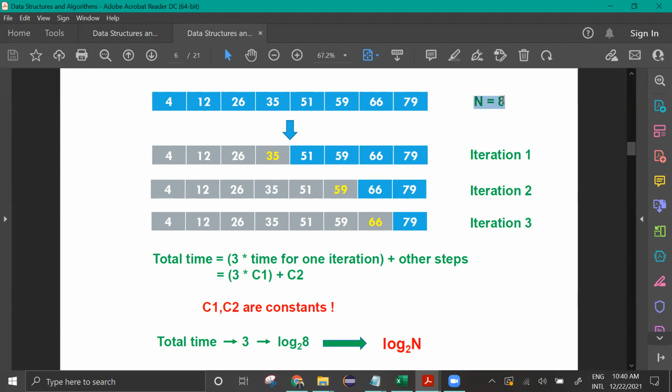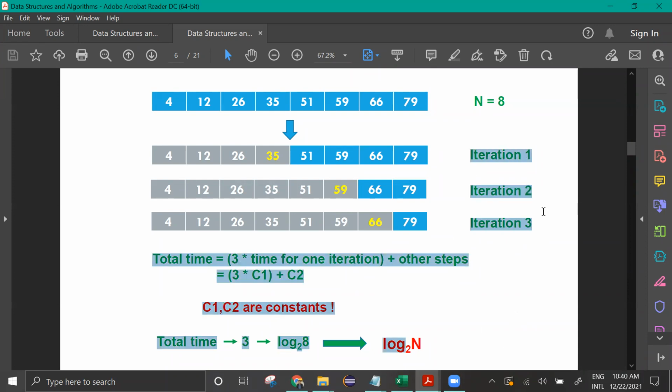If the size is 8, we can go to a one element array in 3 steps. If we can go to a one element array, definitely we can find the value. The search is finished in 3 steps.